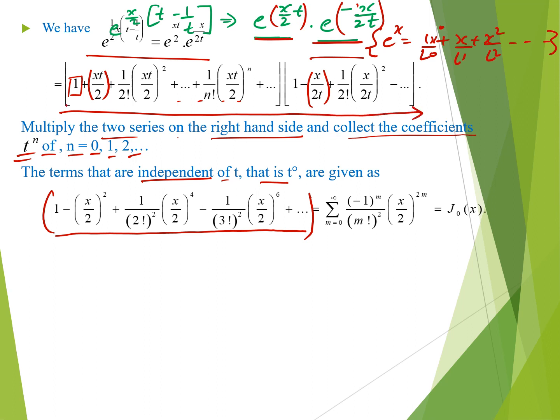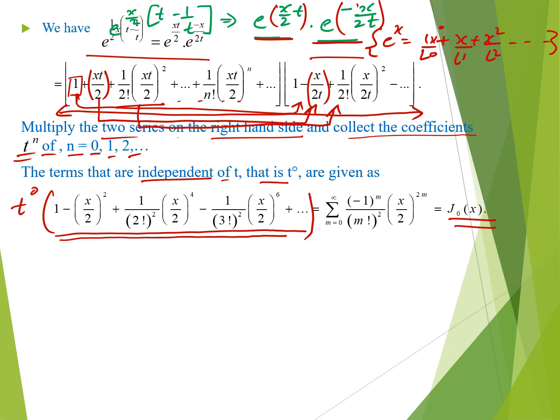That is the coefficient after multiplying the complete terms. When the first term is multiplied with the complete series, then the second term is multiplied with the complete series, then the third term, and so on, after that multiplication we find that with t to the power 0 we have this coefficient, which is equal to J_0.